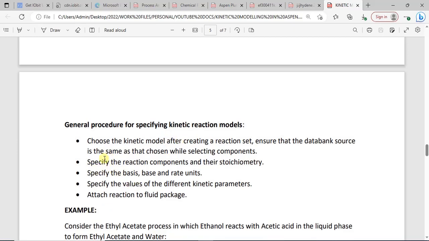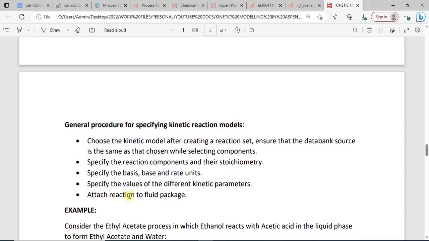Then you specify the reaction components and their stoichiometry. Then you specify the basis and the rate units. Then you specify the values of the different kinetic parameters, the pre-exponential factor, activation energy and the rest. Then you attach the reaction to the fluid package after it has been fully specified.